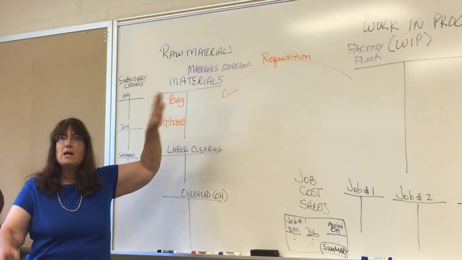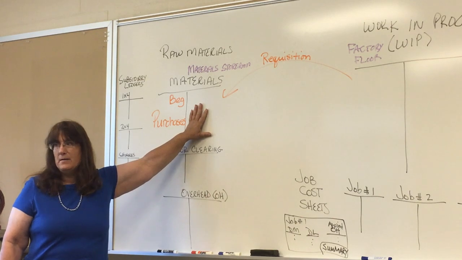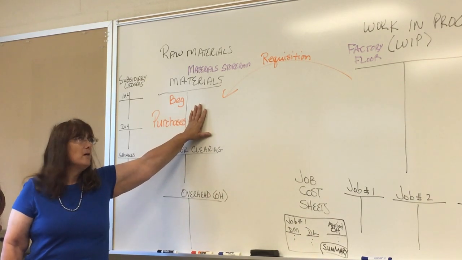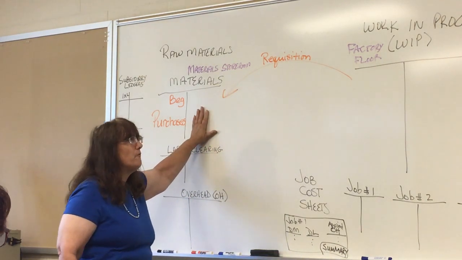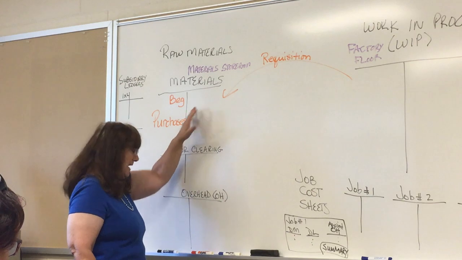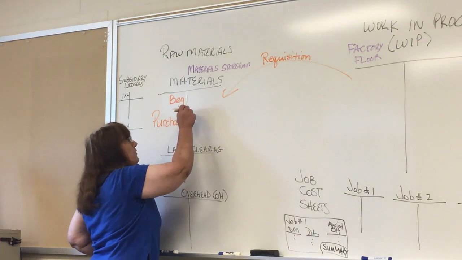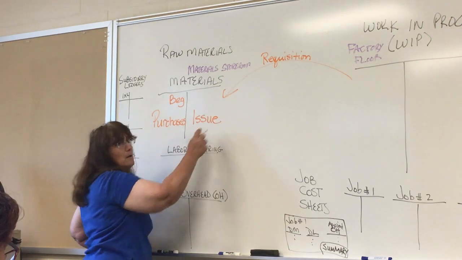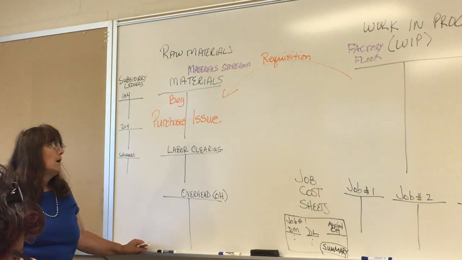For your project, it's one storeroom area. All the materials are in there, and there's a manager in charge of those materials, okay? When the manager gets the requisition from the factory floor, they have to load up all of the stuff that's on the requisition, and we're going to issue those materials, okay?